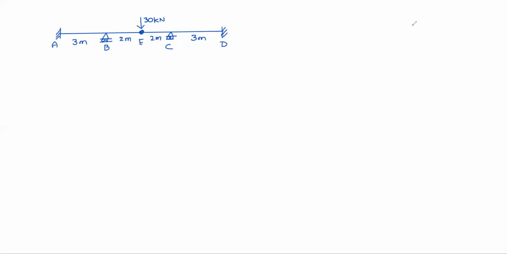So here symmetry is available. So we need to analyze 50% of the beam. That is like this. Actually, this is an internal hinge.